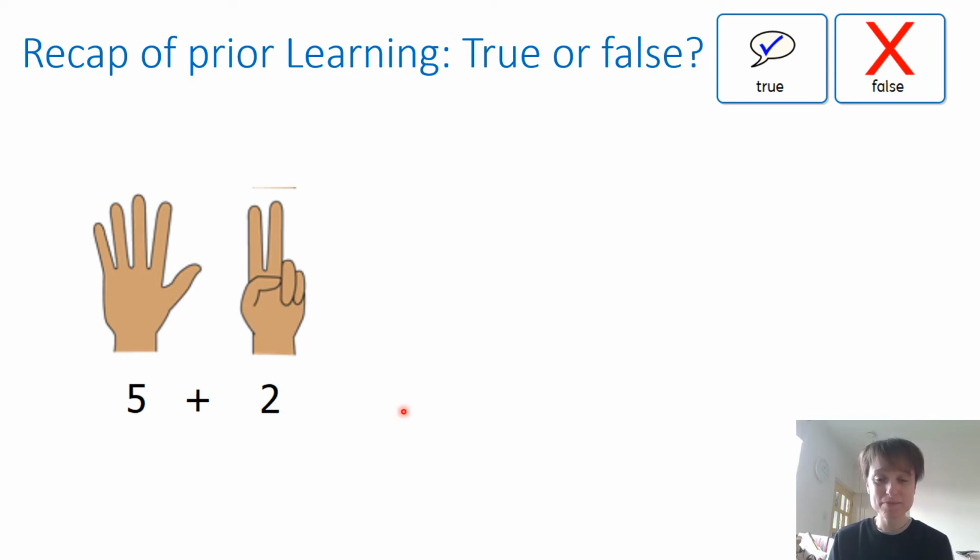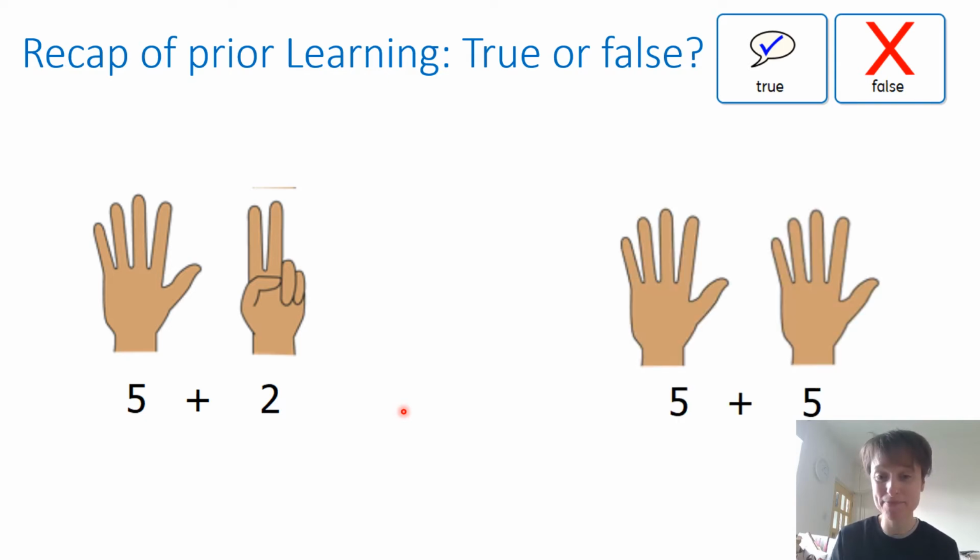Now, there's another way that we can change the picture and the expression to make sure that it is true. And I'm going to share that with you now. So maybe some of you thought about doing it this way. So instead of changing the addends in the expression, I can actually change the picture.